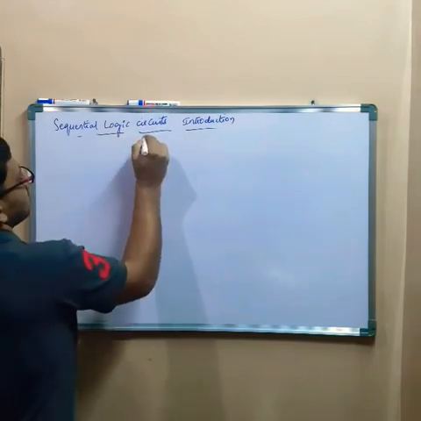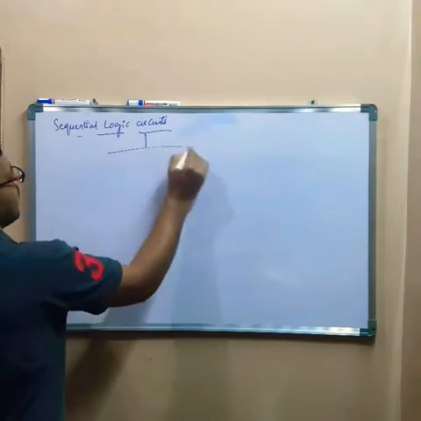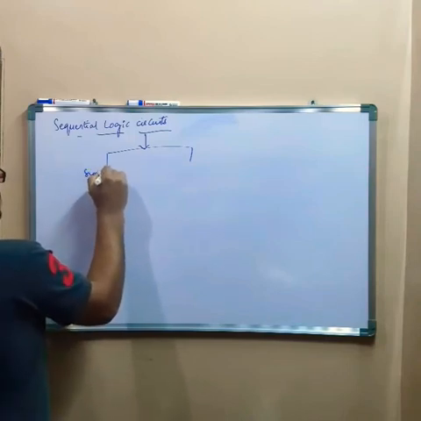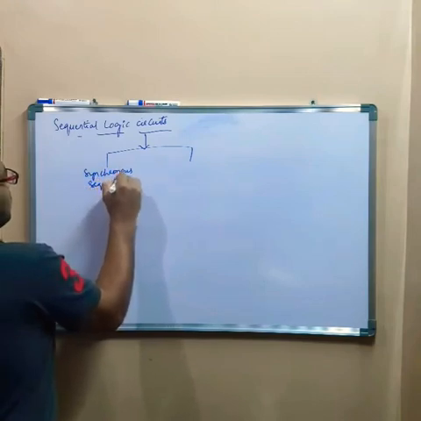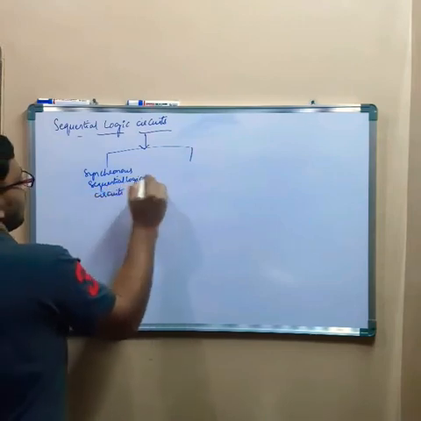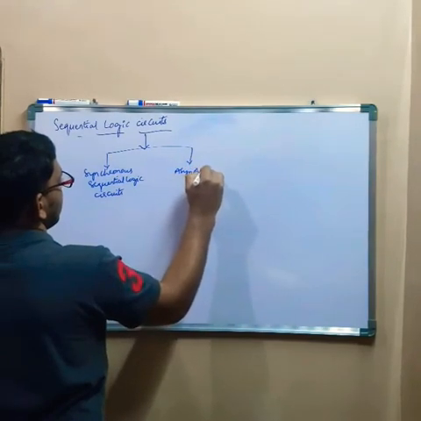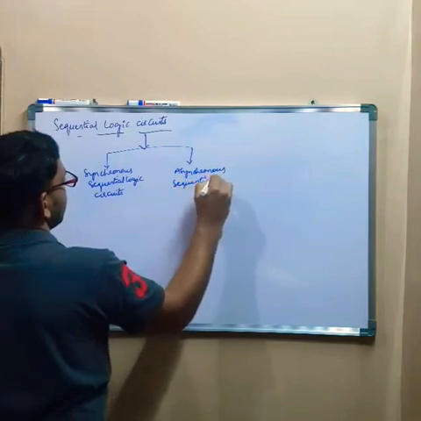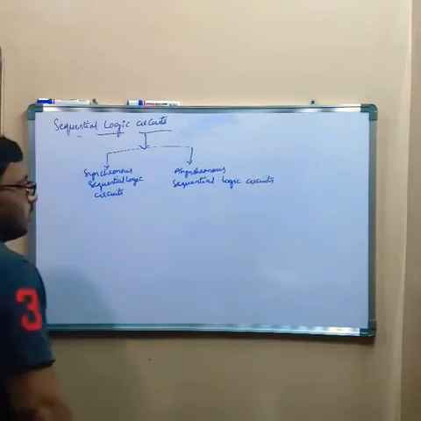So the sequential logic circuits are categorized into two types. They are synchronous sequential logic circuits and asynchronous sequential logic circuits.